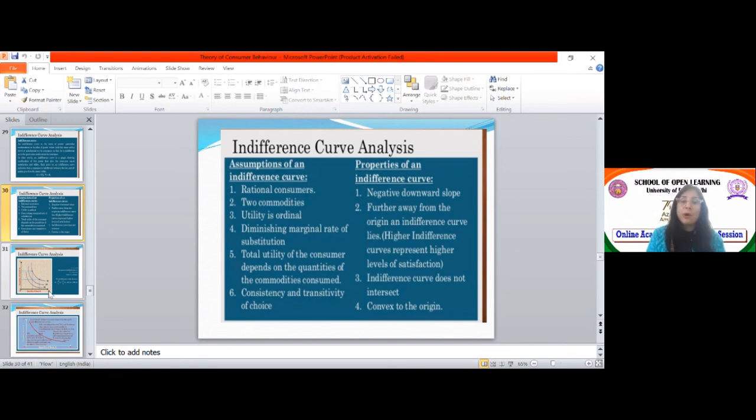Then diminishing marginal rate of substitution. That is very important to understand. Just because of the diminishing marginal rate of substitution, we have a convex indifference curve.